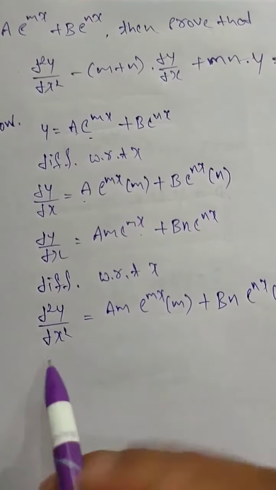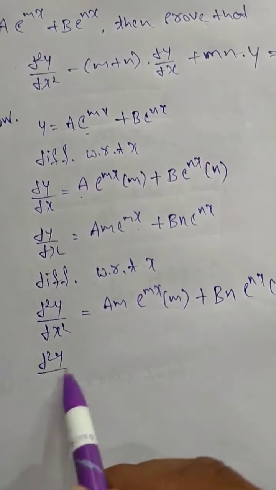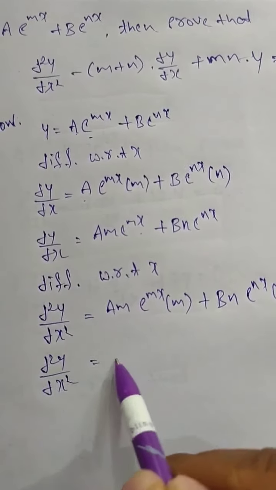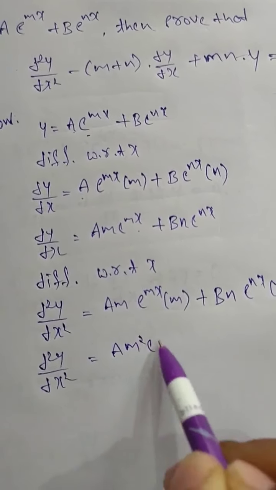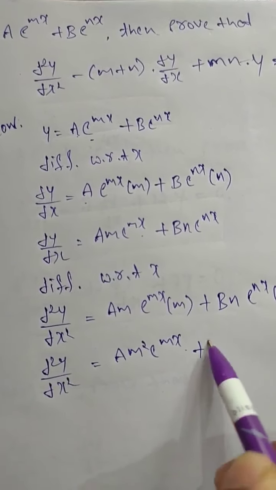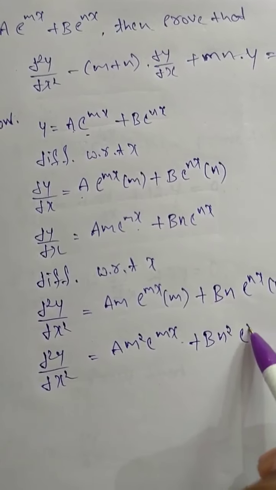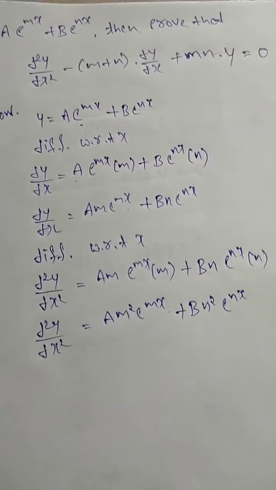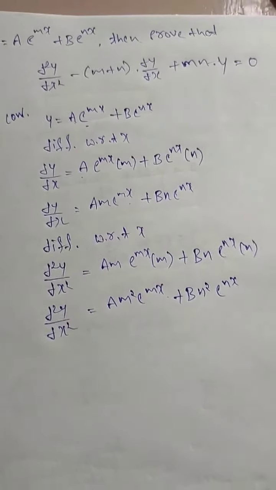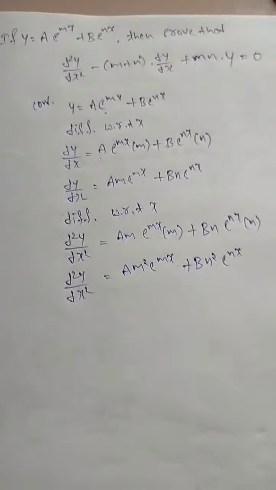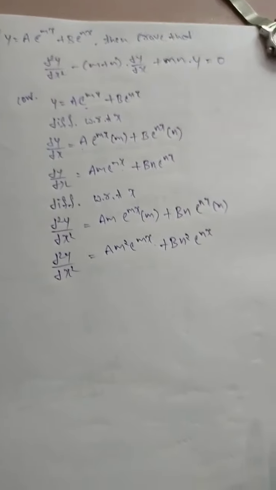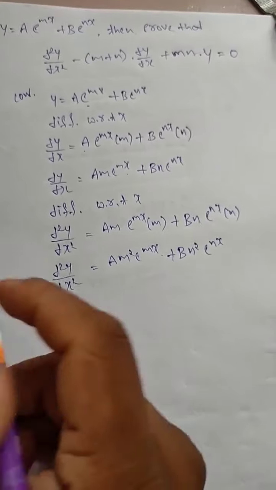Now m into m is m square. So d square y by dx square is equal to am square e to the power of mx plus bn square e to the power of nx. What we did in the last problem, the same type we are doing, nothing changes here. We are differentiating the function twice and substituting in the left hand side.